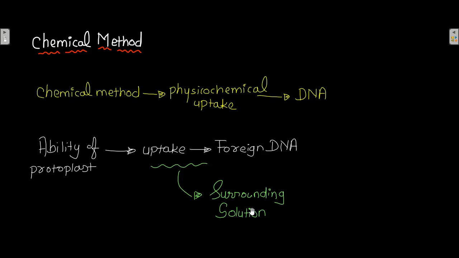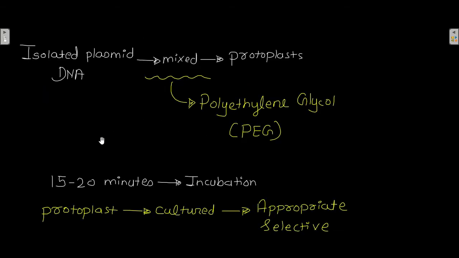What is done in this method is that the isolated plasmid DNA is mixed with the protoplast in the presence of polyethylene glycol, which is abbreviated as PEG. This PEG is an important chemical for transforming the plasmid DNA into the protoplast.